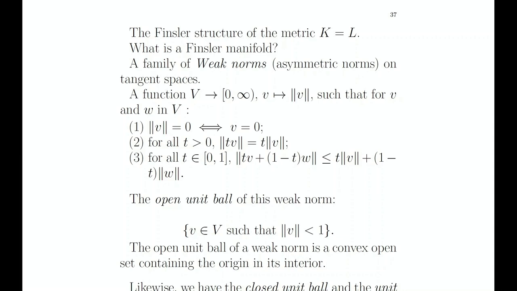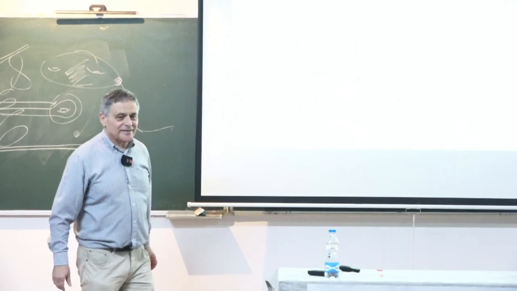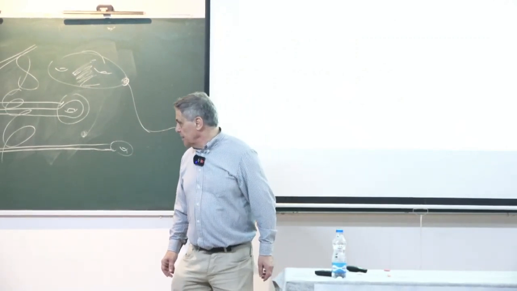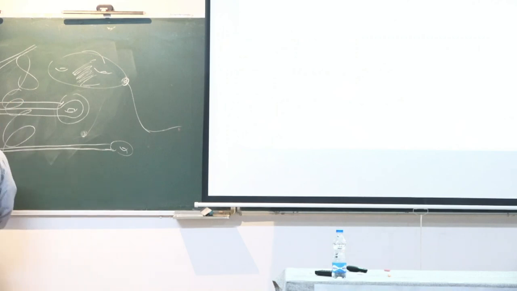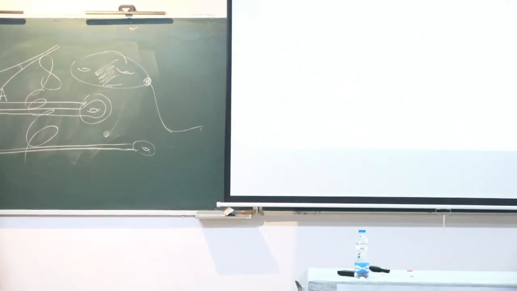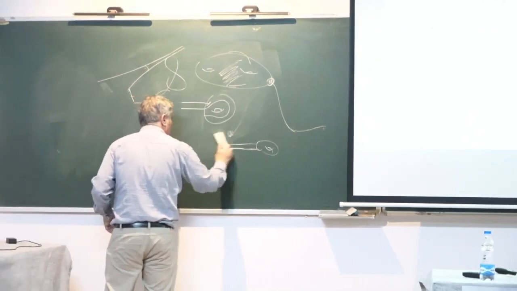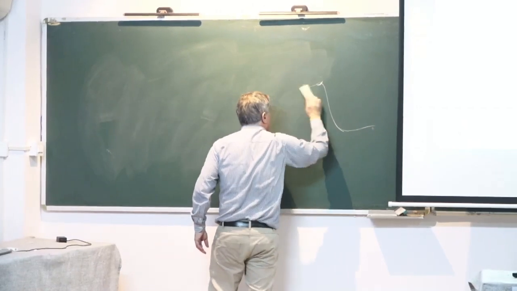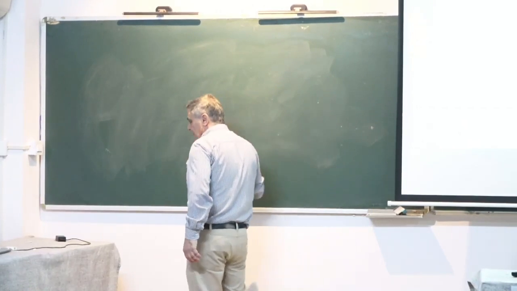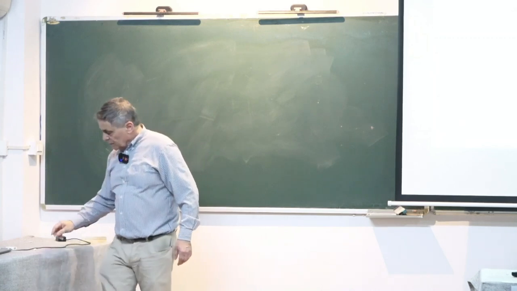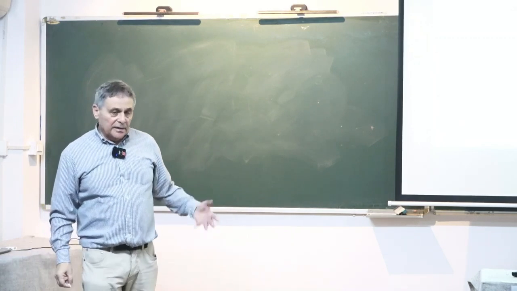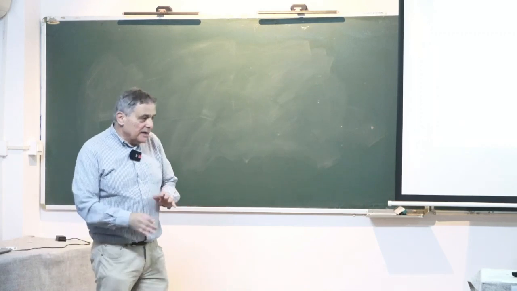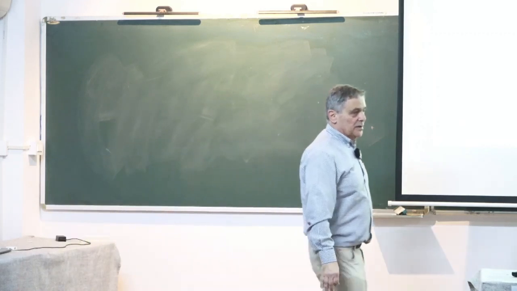Okay, Venkatesh talked about a Finsler metric. I can say a few words about it. There are some books on Finsler geometry which I do not want to name. I open this book and I don't see at all what he is talking about.